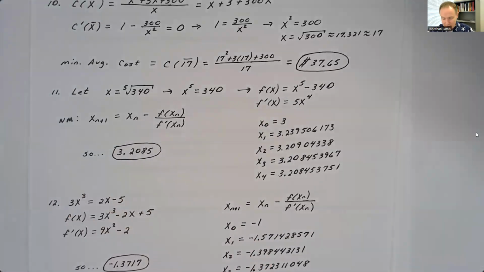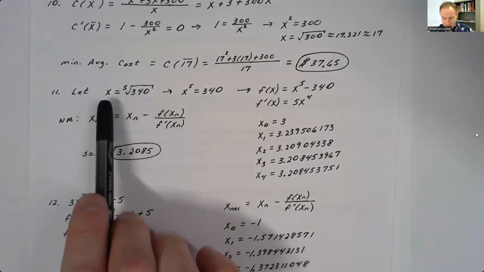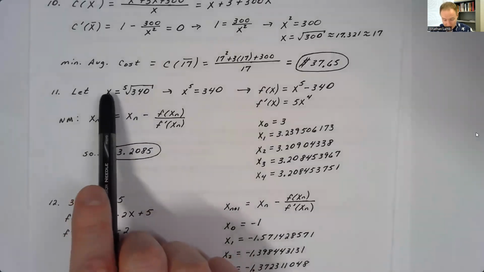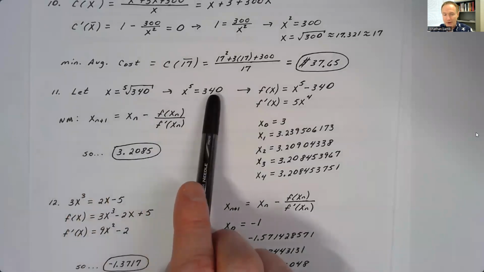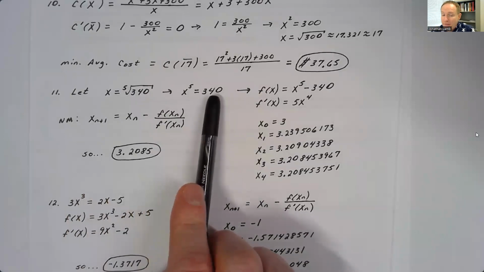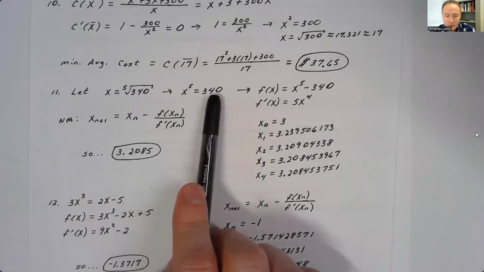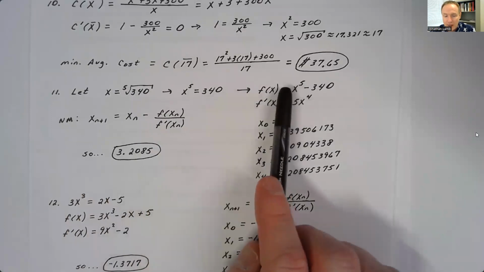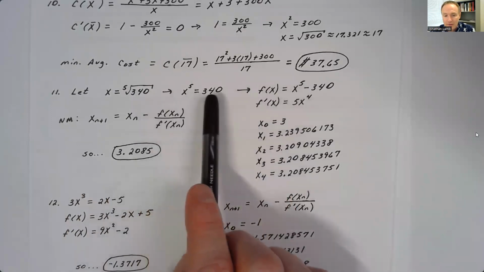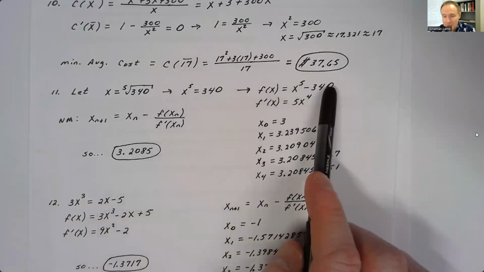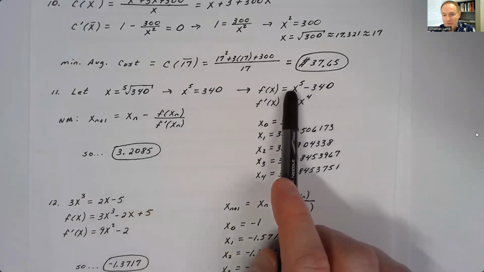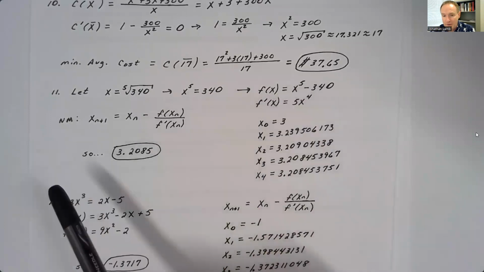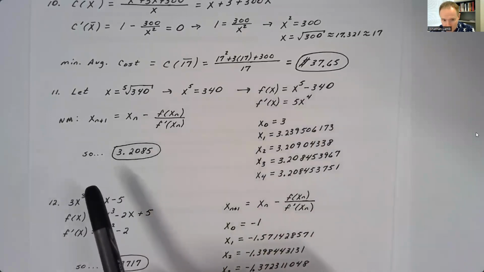So that's easily fixed. All I have to do is get rid of the fifth root by raising both sides of the equation to the fifth power. That gives me x to the fifth is 340. Now, for Newton's method, f of x always has to be a function set equal to 0. So that's why I said f of x is going to equal x to the fifth minus 340. And then the derivative of f of x is just the derivative of x to the fifth, which is 5x to the fourth.